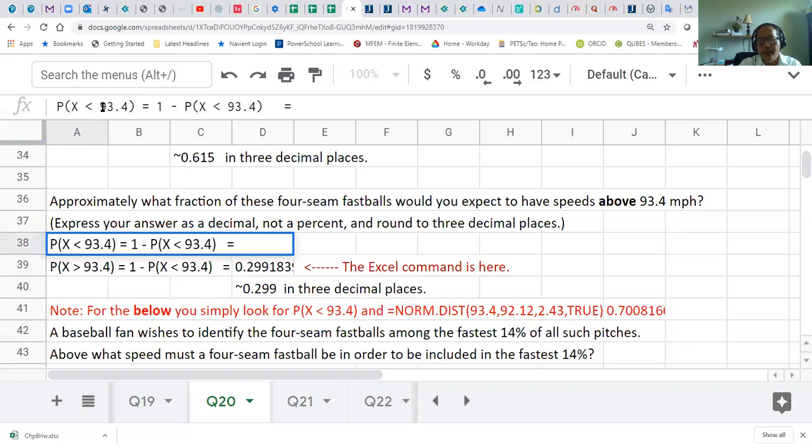So you don't need to subtract from 1. So in here, you don't need to subtract from 1.